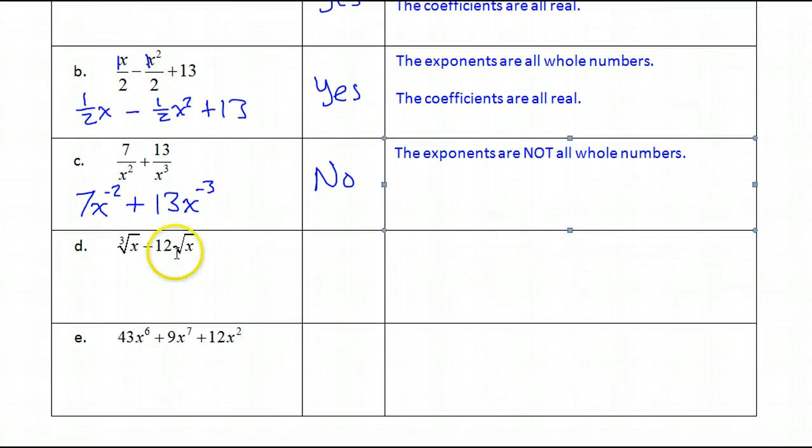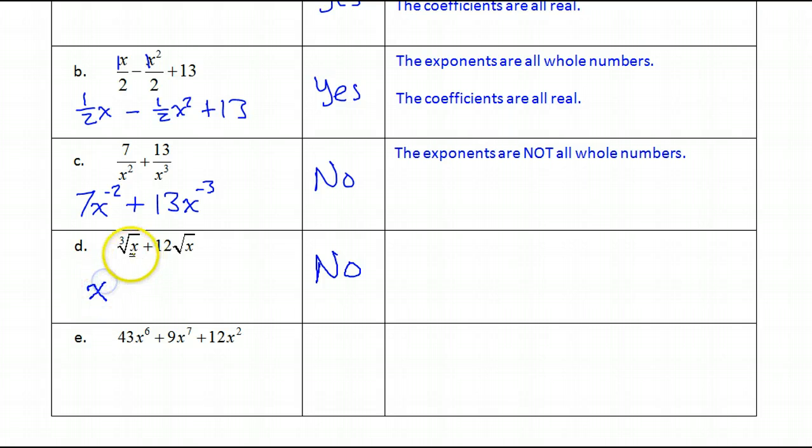Okay, look at D here. What about this one? Well, this is going to be no for the same reason. Last year you should have learned that radicals, square root, cube root, things like that, are the same thing as fractional exponents.